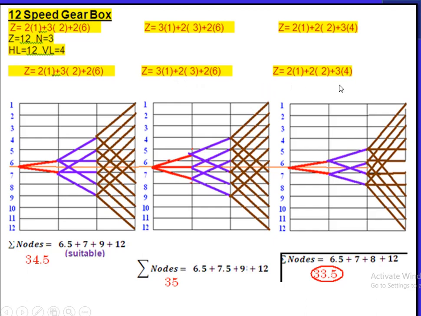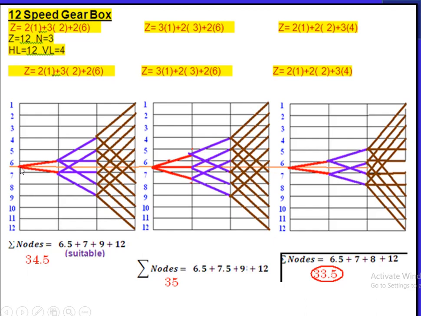So all the structural formulas we got and structural diagrams we made, and from this we can say which one is suitable. Now all the structural diagrams are the same, all the structural formulas are the same, and we are applying the method of optimum structural formula, that is x1 is less than x2 is less than x3. But here the node optimization method is used. At the first shaft, what is the value of node?